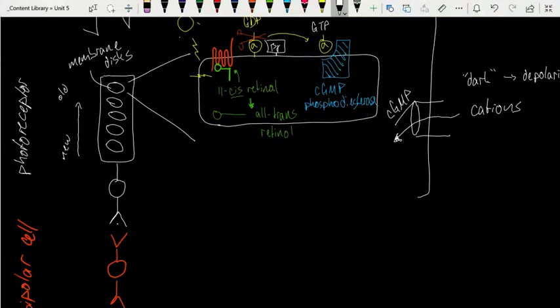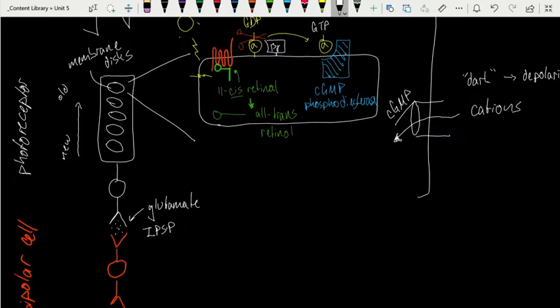So if we come back over here and we look at our neuron, this neurotransmitter being released is glutamate. And in this case, it's delivering an IPSP, an inhibitory postsynaptic potential.